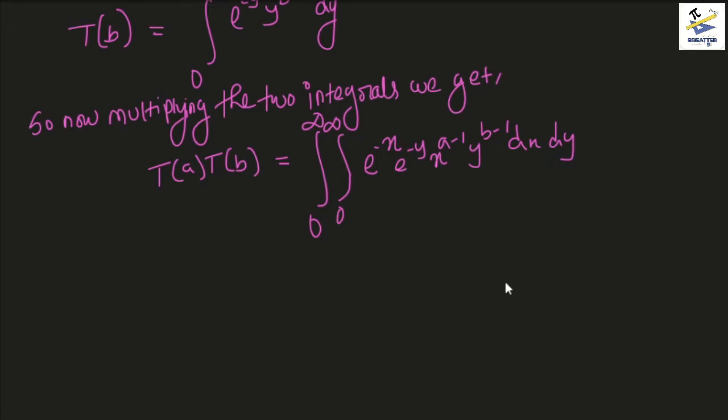So like you understand, in the previous example, what we did was we substituted u equals x by y. So it may not be a bad idea to try the same, because it may well be the case that this u equals x by y could do wonders again. So let us try that first. If that fails, we can try something else. Let's start with the substitution.